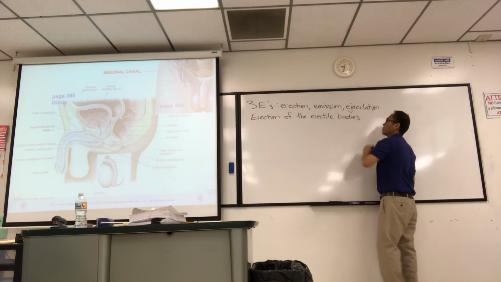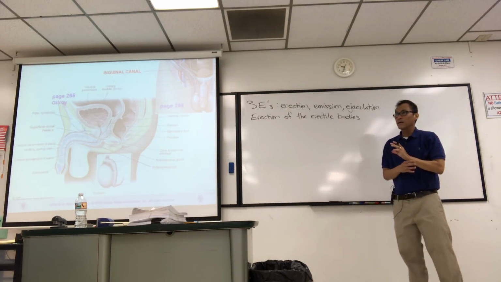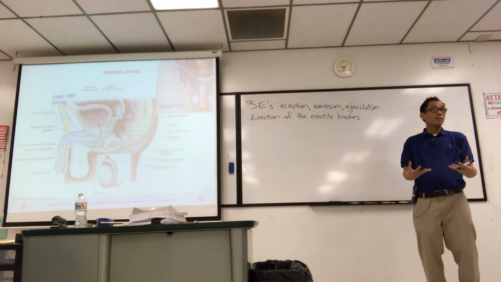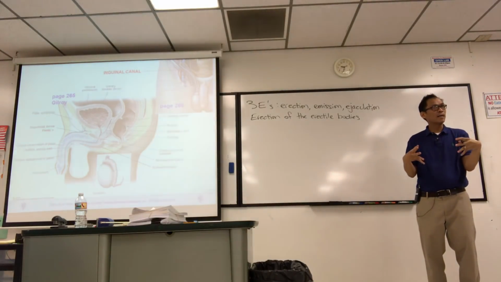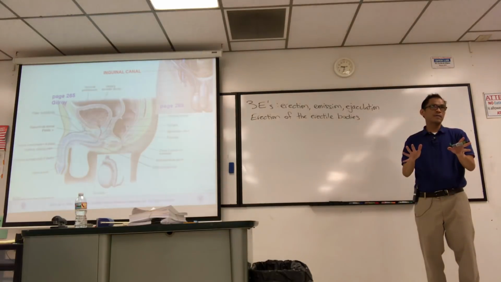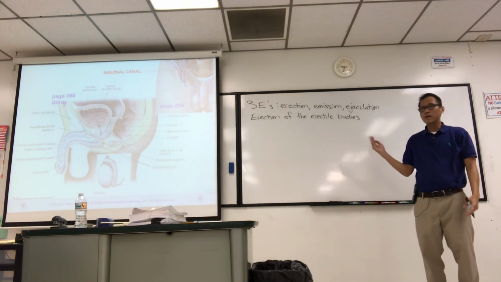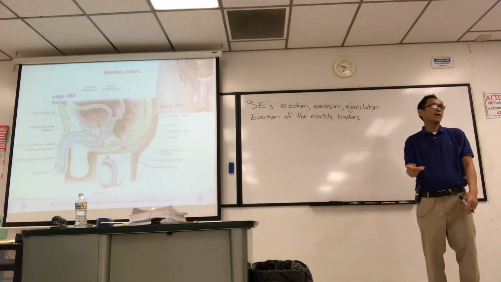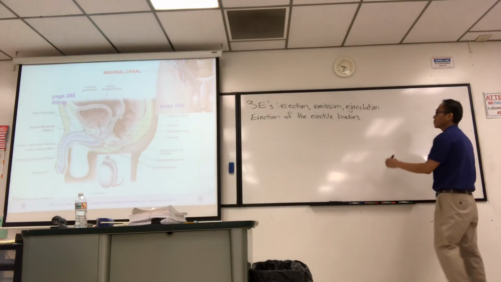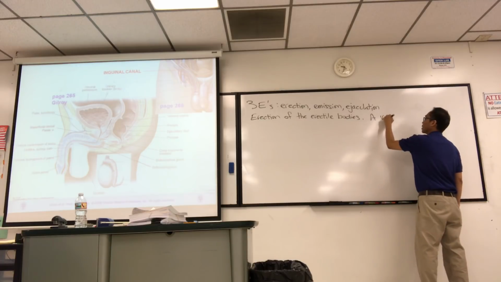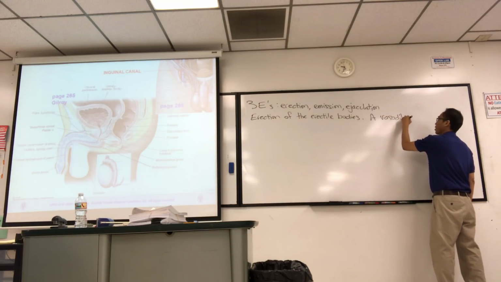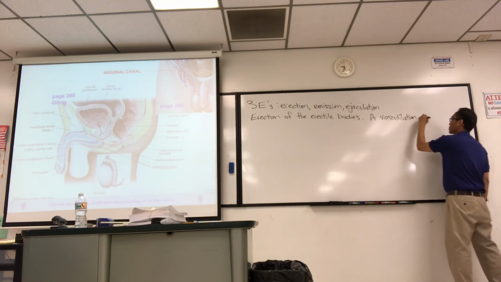Basically, erection is a vasodilation event. Blood vessels that supply blood to the penis vasodilate. That allows blood to rush in. You engorge the erectile bodies with blood, and that's an erection. So I'm writing: a vasodilation event.